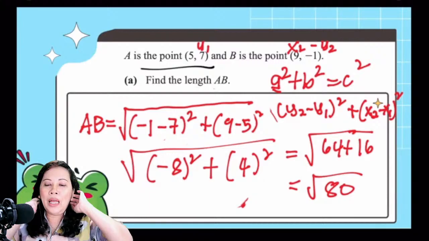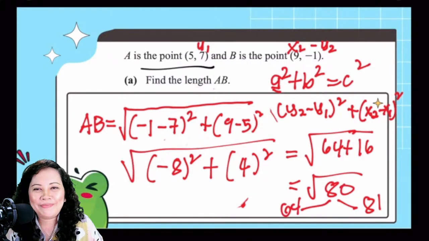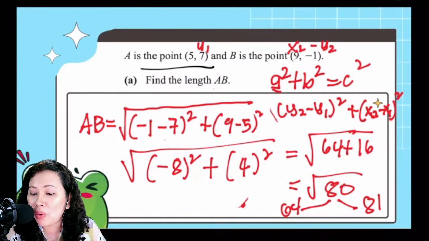Okay. And then the square root of 80 is between the perfect squares. I'm just trying to estimate here, okay? 80 is in between the perfect squares 81 and 64, right? So 81 is 9 squared, 64 is 8 squared.